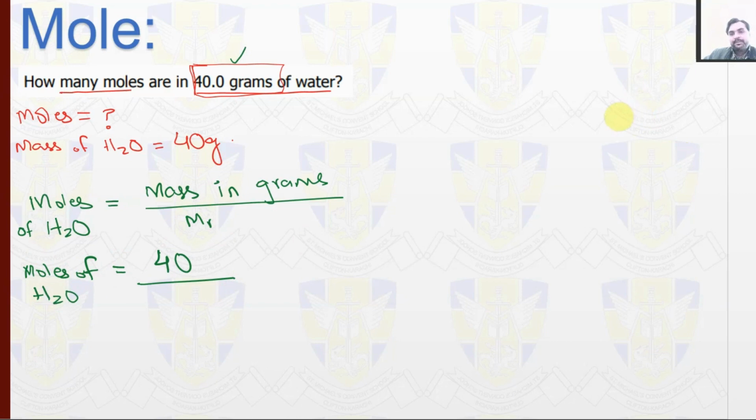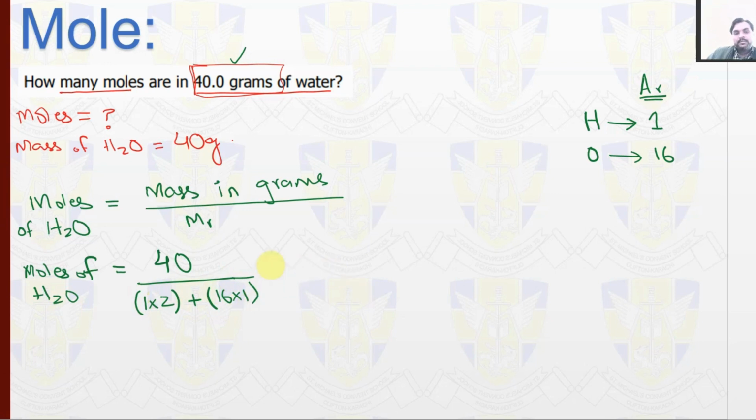You have to check the periodic table, and from the periodic table you can see hydrogen has the AR of 1 and oxygen has the AR of 16. So in the denominator you can calculate the MR. For hydrogen it's 1, and how many times is hydrogen there? 2 times. So 1 multiplied by 2 plus oxygen, 16 multiplied by 1, right?